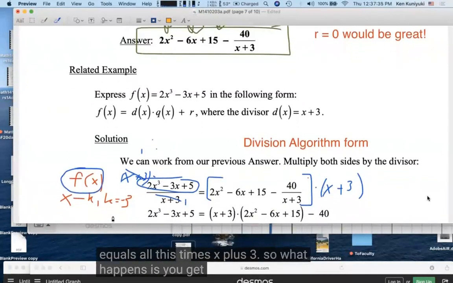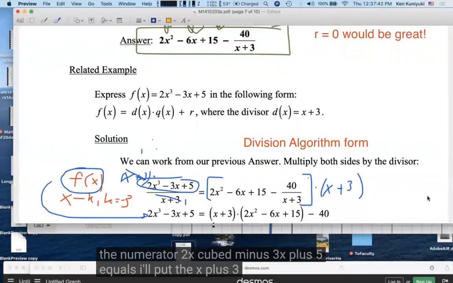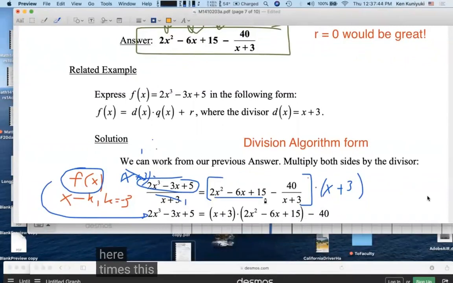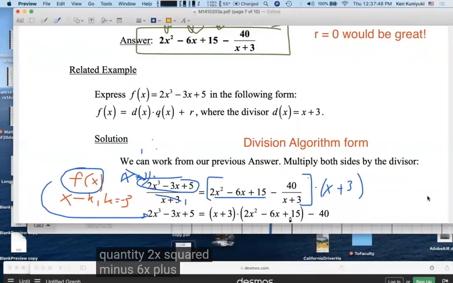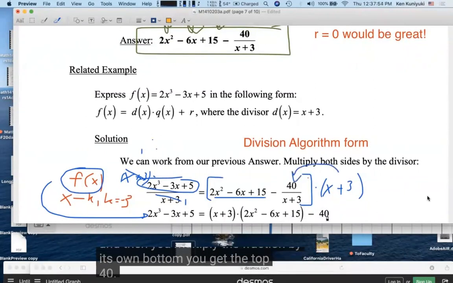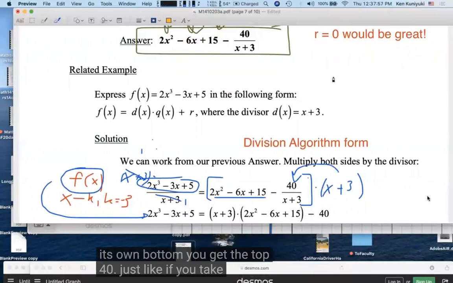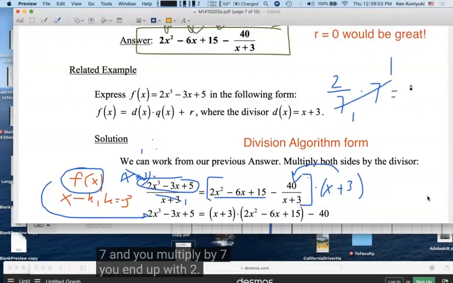So what happens is you get f of x, the numerator, 2x cubed minus 3x plus 5, equals, I'll put the x plus 3 in front here, times this polynomial quotient, the quantity 2x squared minus 6x plus 15, minus, and then when you multiply the fraction by its own bottom, you get the top, 40. Just like if you take 2/7 and you multiply by 7, you end up with 2.